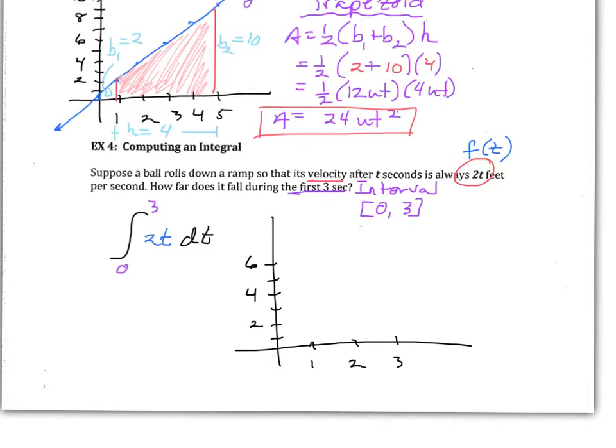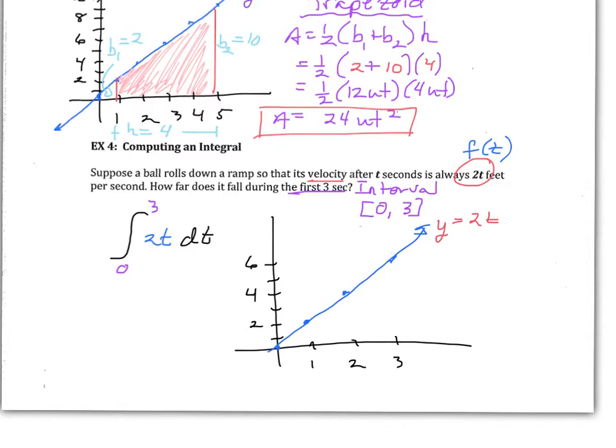And I only have to go up to 3 on the x-axis. So plot your points, or your graph, however you want to do it. So this is y equals 2t.